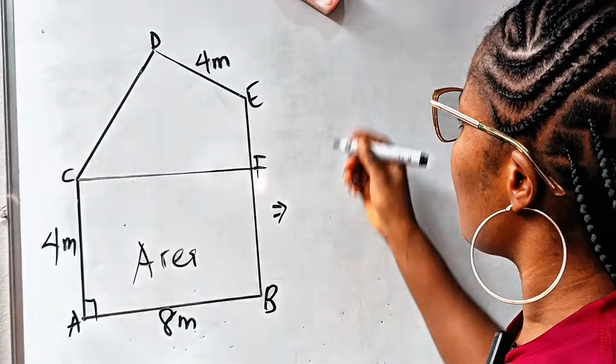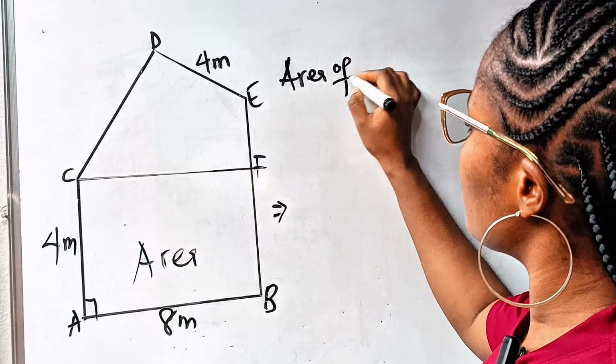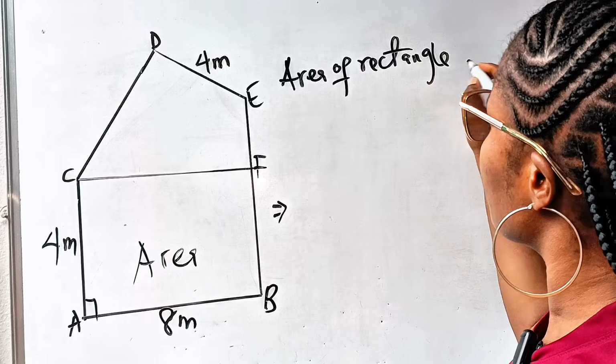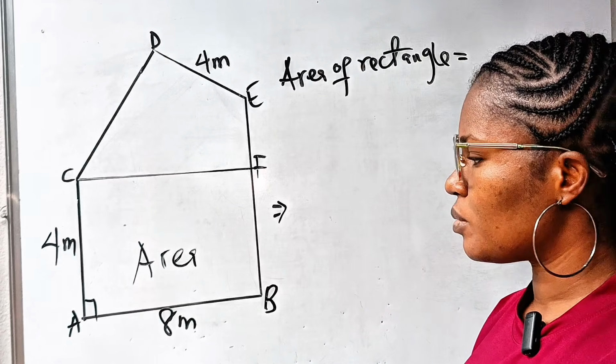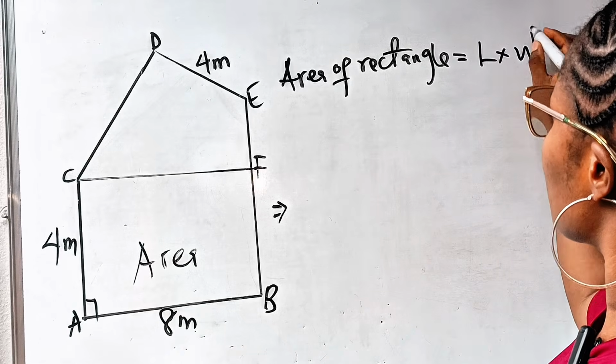So first of all, we say area of rectangle. Area of rectangle is equal to length times width.